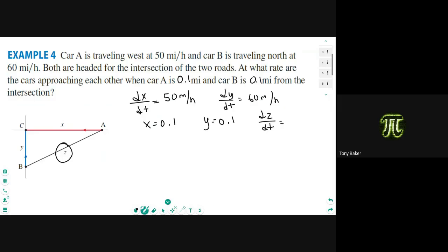All right. So what's the formula I'm going to use? So x squared plus y squared equals z squared. So we're also probably going to have to figure out what z is, right?